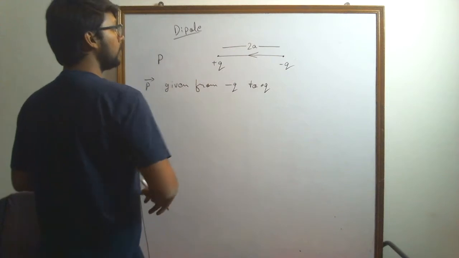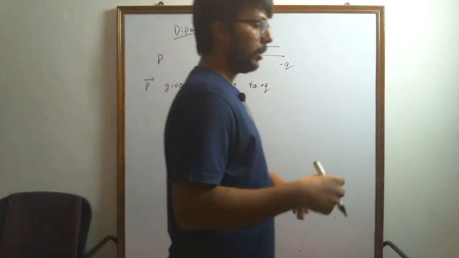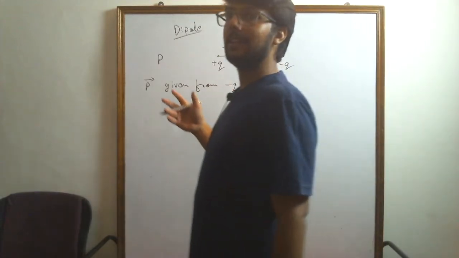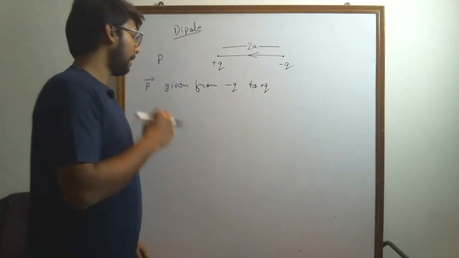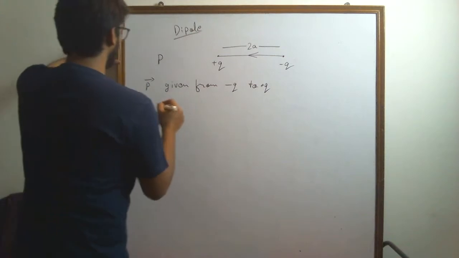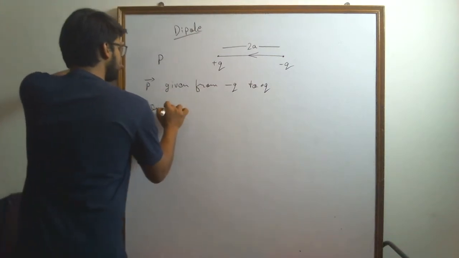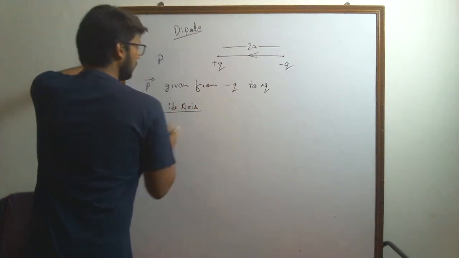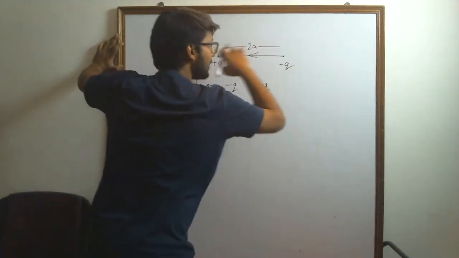Now once we know this, let's figure out the electric field by a dipole at different points. First we'll be talking about on its axis. The axis is essentially this.